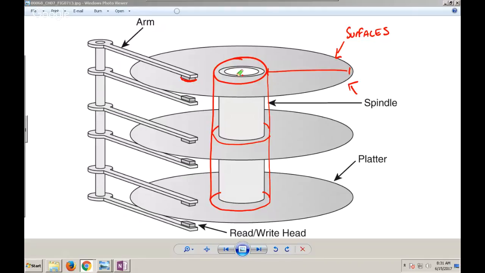So we would take the same file and, rather than putting all of the file along here like this, we would put a piece of the file here, and a piece here, and a piece here, and maybe the same thing on the bottom surfaces. Because now I have just increased my ability to read and write by several orders. If I can use all 6 at once, I'm 6 times more efficient. I can do it 6 times faster because I'm doing it with 6 things simultaneously.